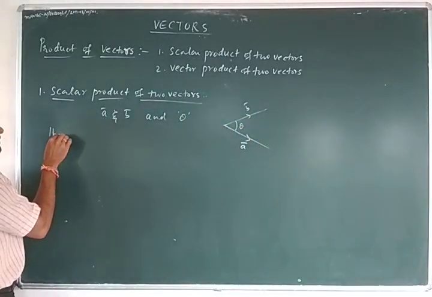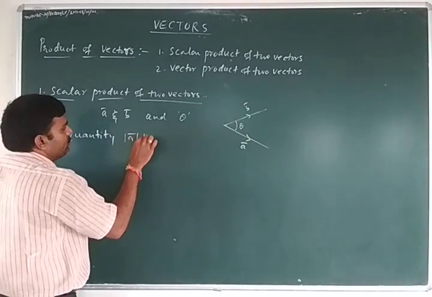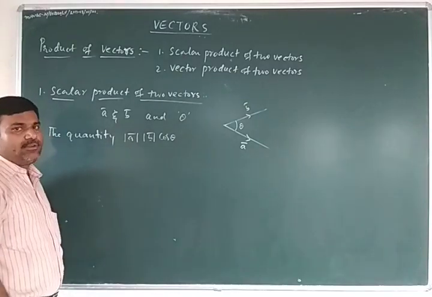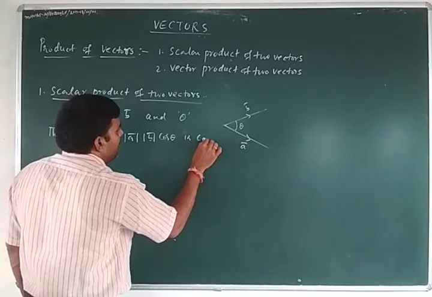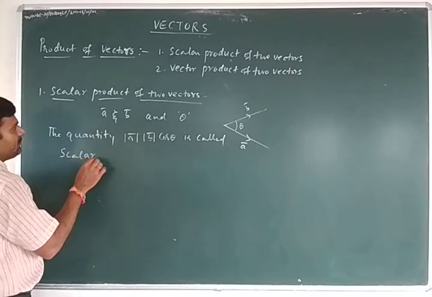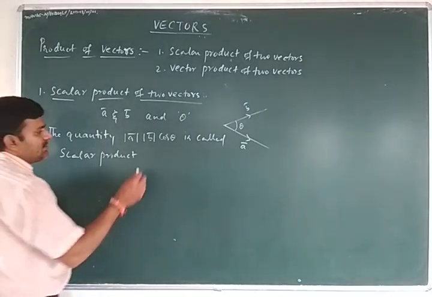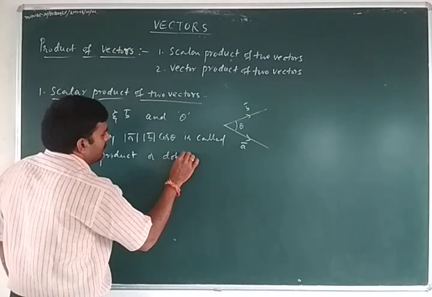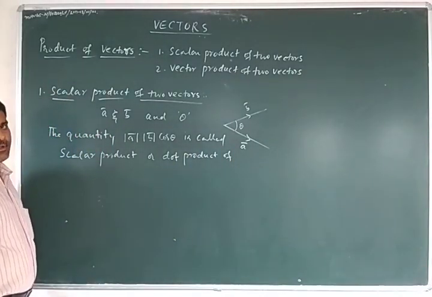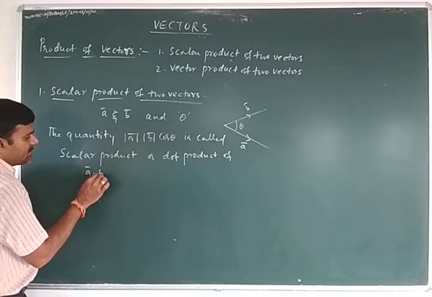Then the quantity mod A bar into mod B bar into cos theta is called the scalar product of two vectors, or the dot product of two vectors, and generally it is denoted by A bar dot B bar.